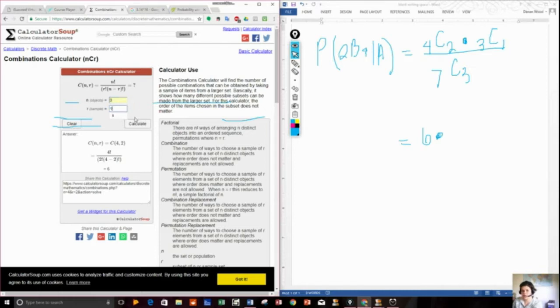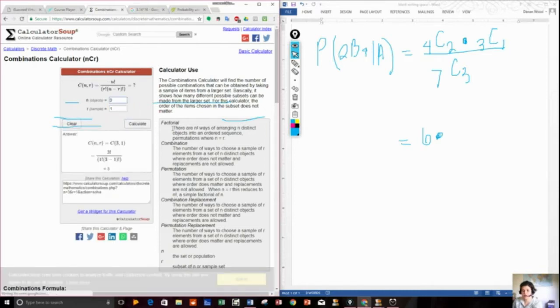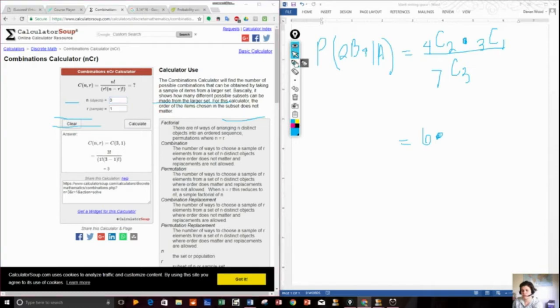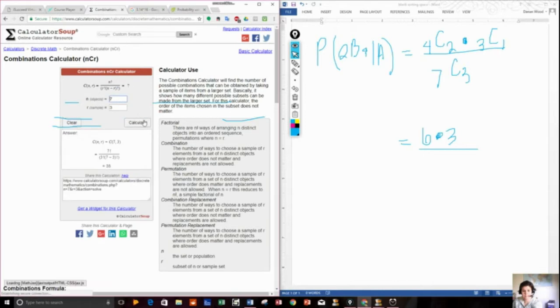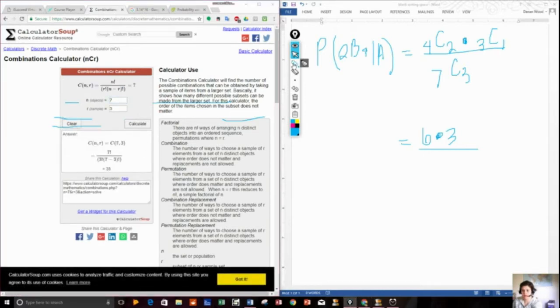This is from author A. So that's 3, and that's going to be divided by, what is 7 choose 3? That's going to be 35. So then, what is 6 times 3? Well, that's 18 divided by 35.